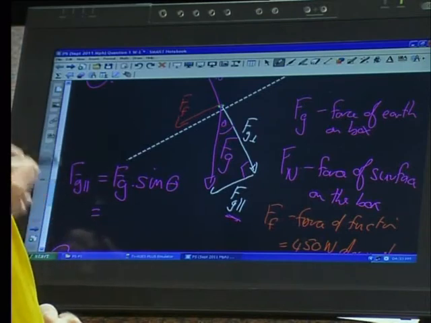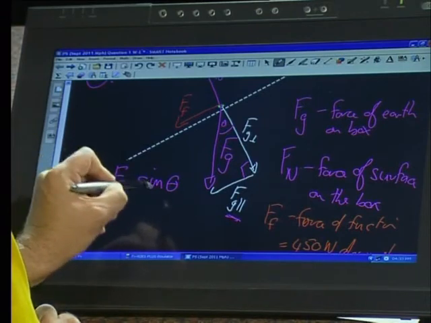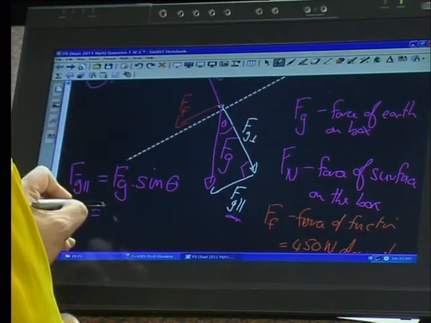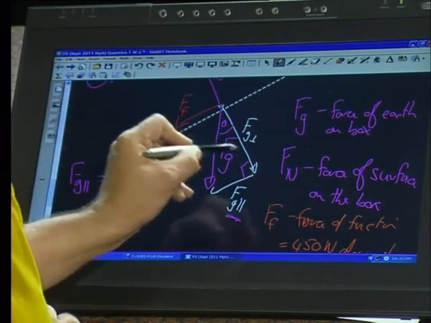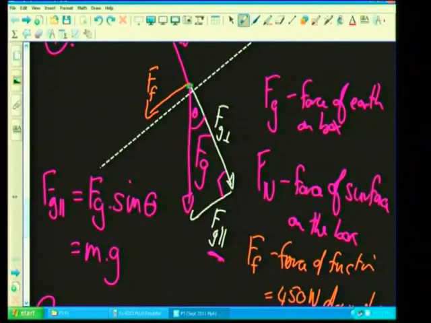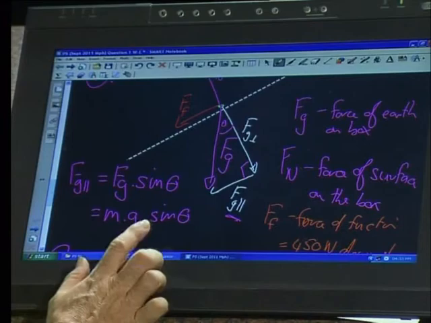This was one of those formulas you must know. FG parallel is FG sine theta. If we then need to break FG apart, remember FG is the mass times the acceleration due to gravity, times sine theta. So there's a formula to remember. It's not on the data sheet, and you need to know how to work it out.